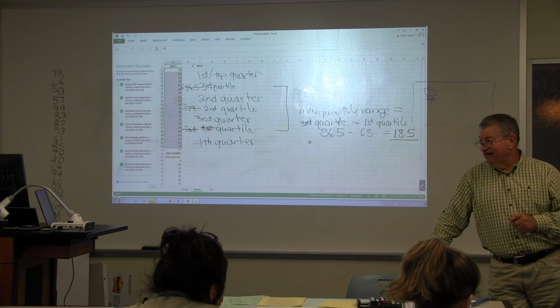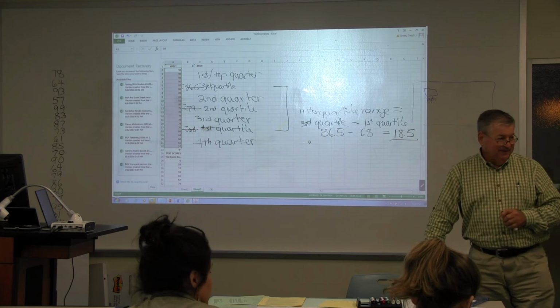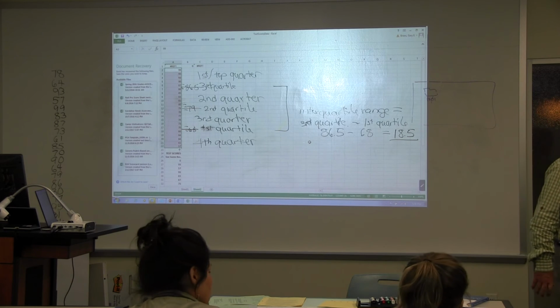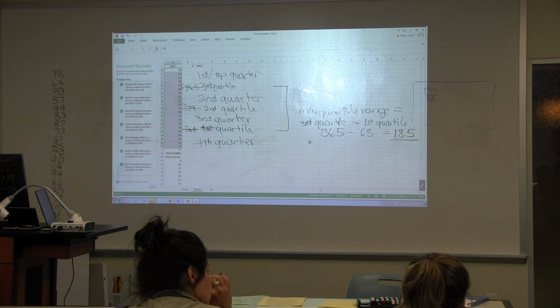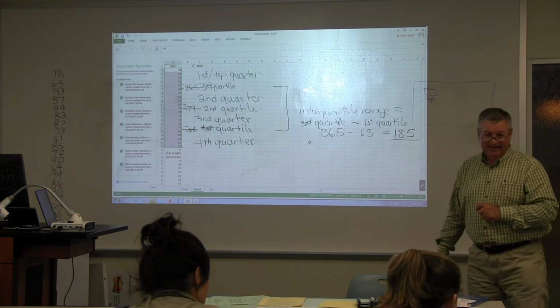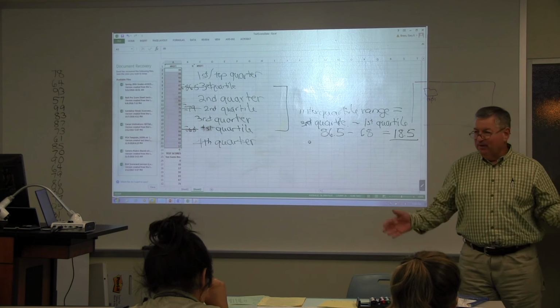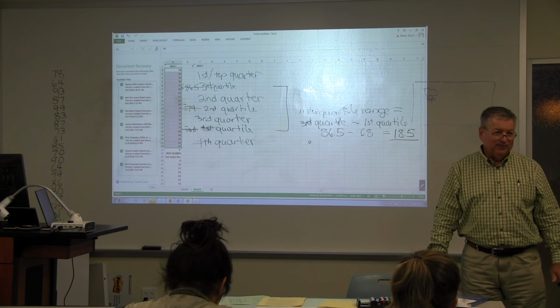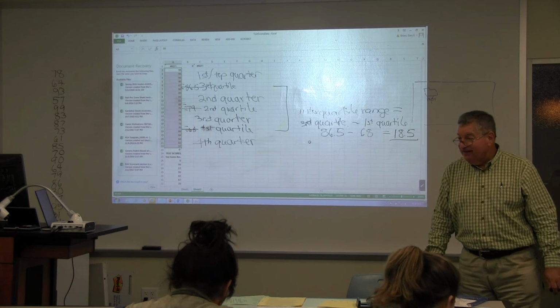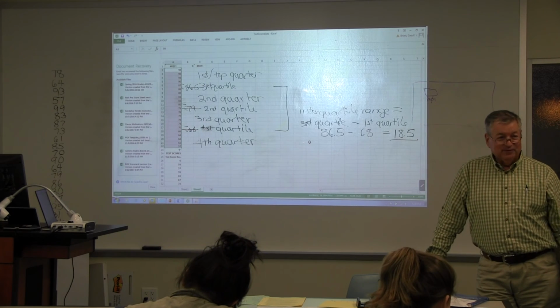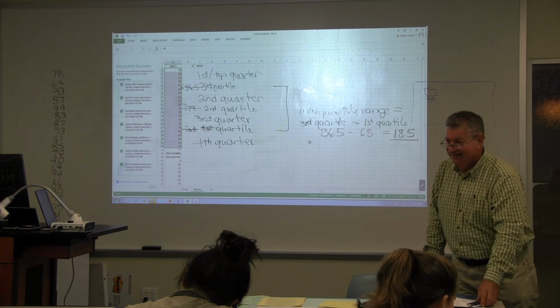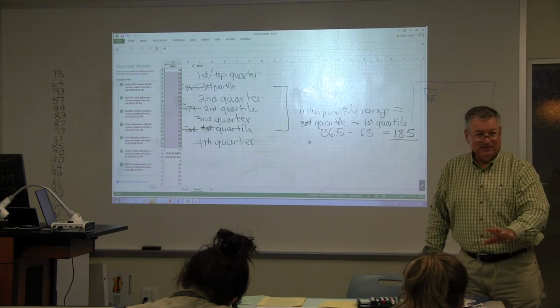I learned it in 1970. The semi-interquartile range. Look in all the books and see if you find it, and you won't. And yet we'll see that it's a pretty good number, but we don't ever see it.